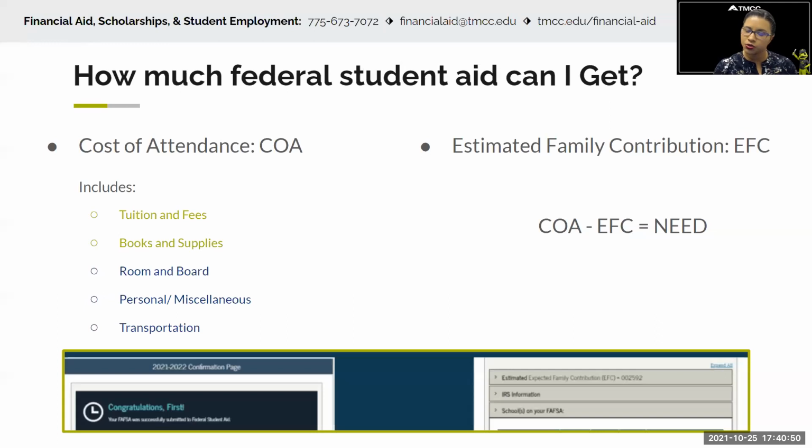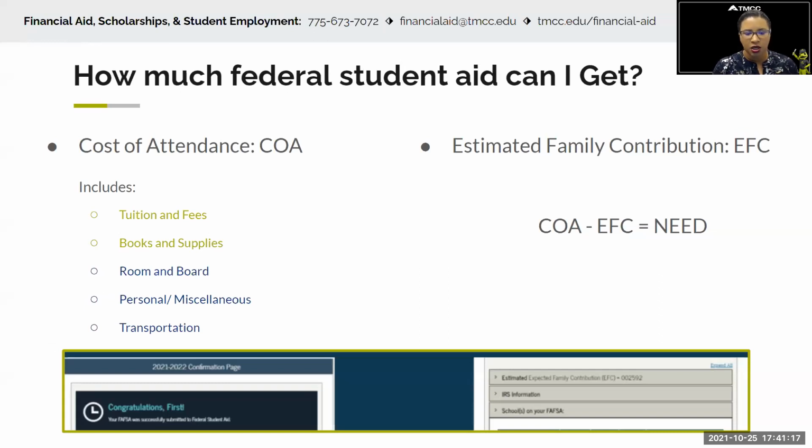So no matter what school you go to, you will have all of those things built into the cost of attending that school. The only ones that actually come out of your pocket and go directly to the school are the tuition and fees and books and supplies typically. If you're living on campus, then your room and board are going to go directly to the school as well.